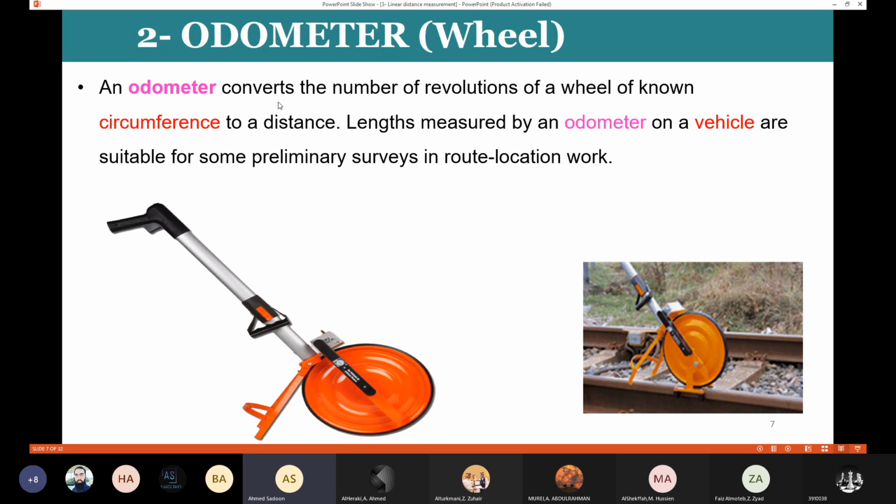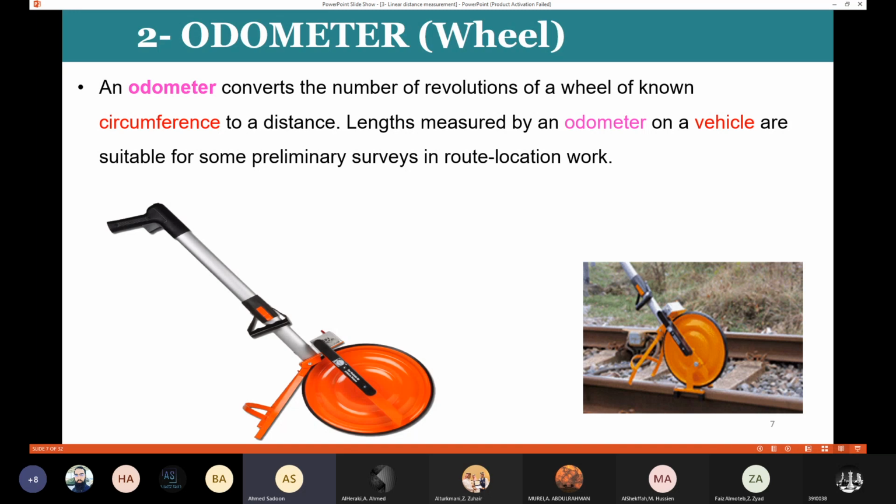So an odometer converts the number of revolutions of a wheel of known circumference to a distance. Lengths measured by an odometer on a vehicle are suitable for some preliminary surveys in road location work. So for preliminary surveys, it can be useful.